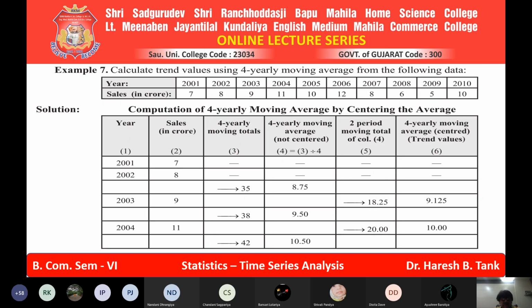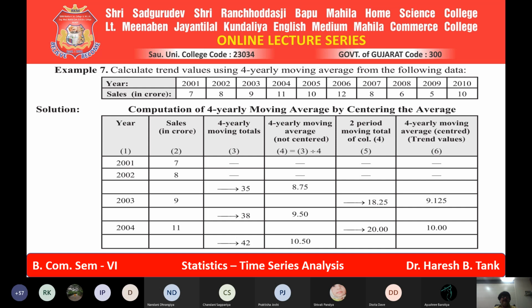Once you have built these two columns, make another column with the title 4 yearly moving total.